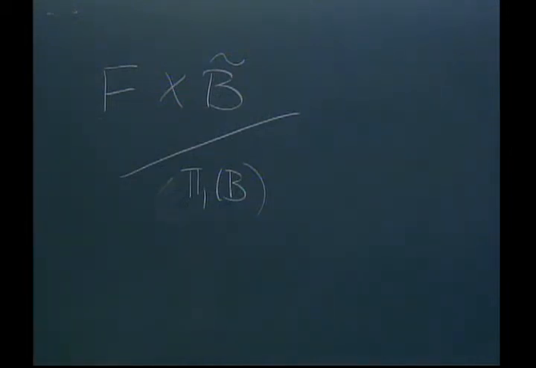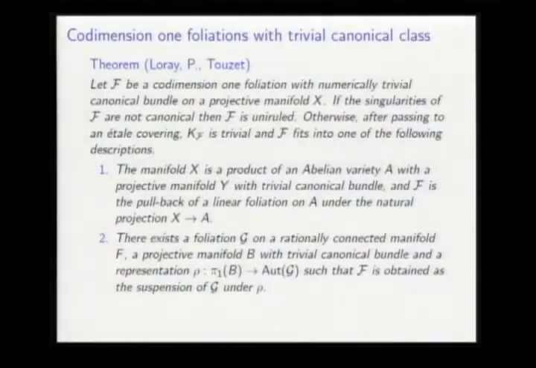So this is what the people in dynamical systems call a suspension. And that's what we have. It's a suspension of a foliation on a rationally connected manifold.